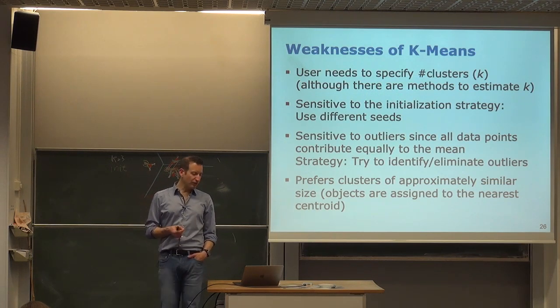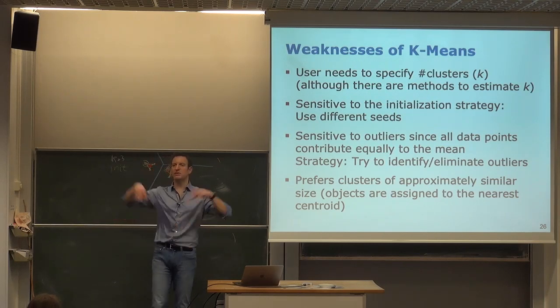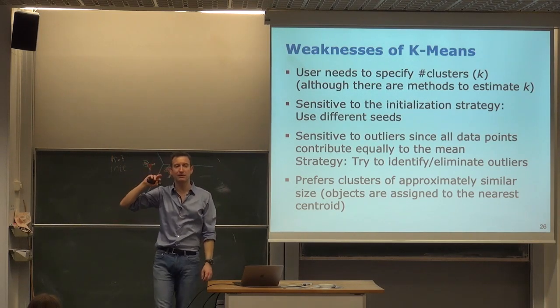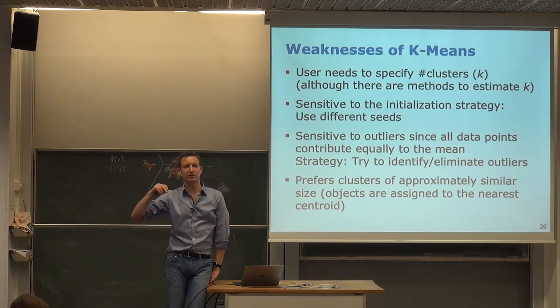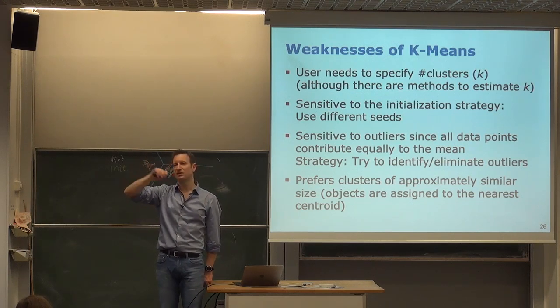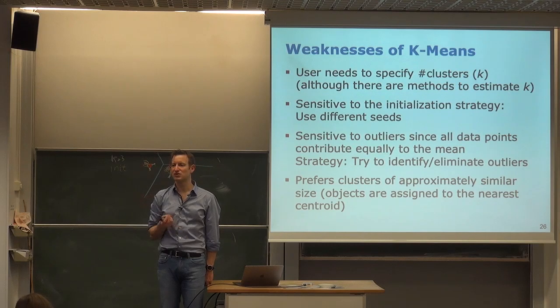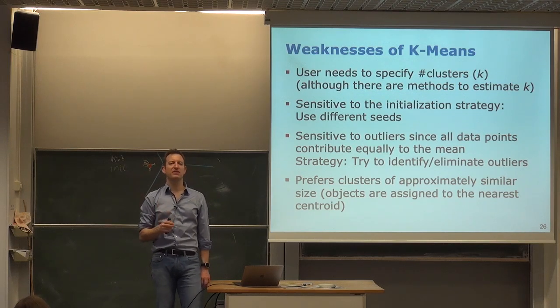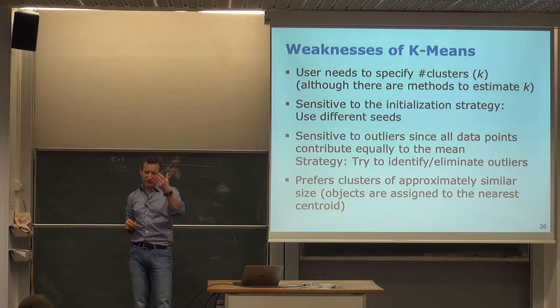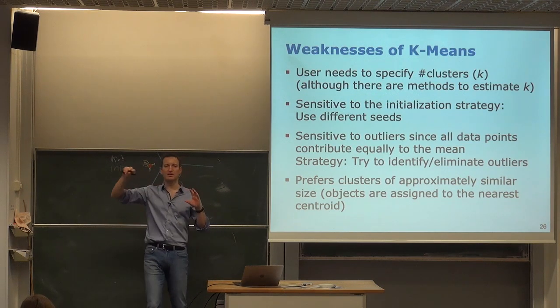This becomes especially important if you have outliers in your data. Let's say some data points, a small number, are completely off and extremely far away. If one of those outliers is picked as an initial centroid, then this centroid location will not help, because you basically put the outliers in the centroids, which is not what you want. And even if you don't initialize your centroid there, one data point which is very far away will drag the mean quite substantially.